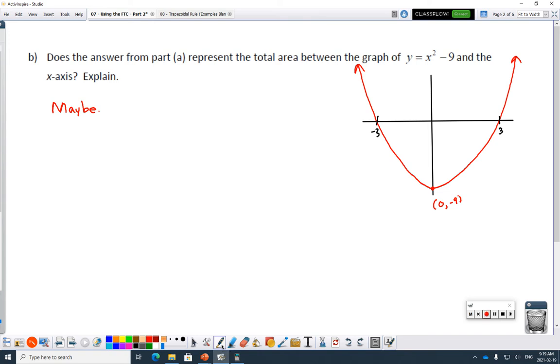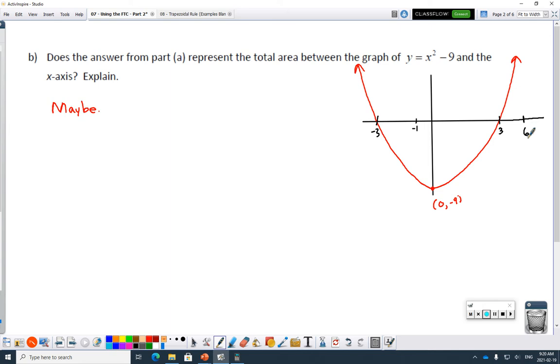Now, what we found was the area between, I forget what the numbers were again, negative 1 and 6. So we found the integral from negative 1, which is right about there, up to 6, which I'm just going to draw there.